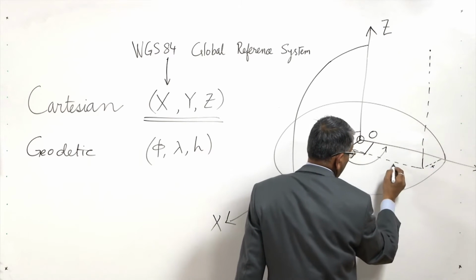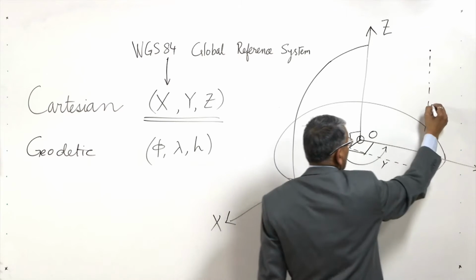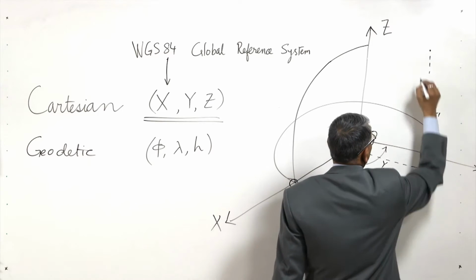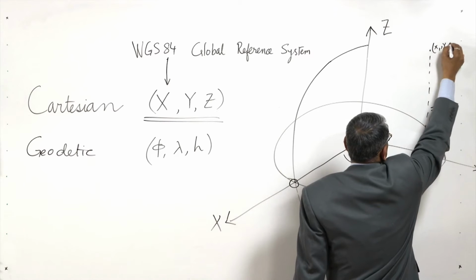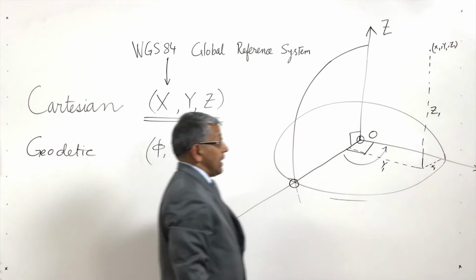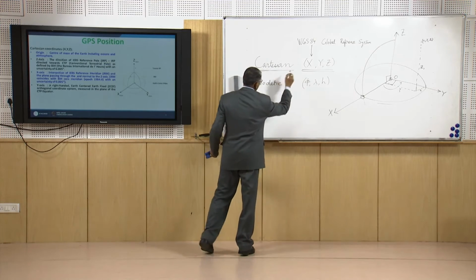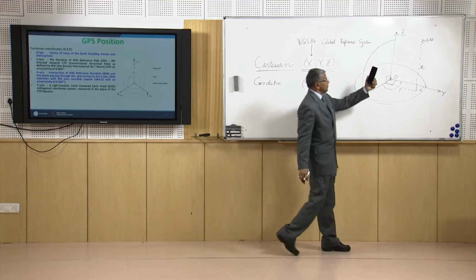This is the x coordinate of this point, this is the y coordinate, and this is the z coordinate, or x1, y1, z1. This is how Cartesian coordinates are defined, and we can get the position of any point.